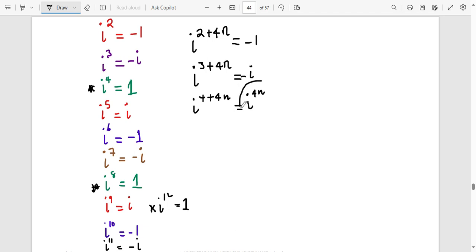If n is 1, what would be my power? 4, isn't it? If n is 2, what would be the power? 8. If n is 3, what would be the power? 12. You see, for this one you can actually use both, and this will always give you a positive 1. Is this okay?